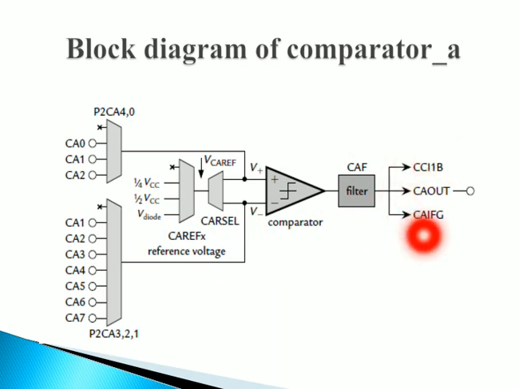It is also connected internally in order to capture the input at CCI1B of Timer A, and the flag CAIFG is raised on either the falling or rising edge of the comparator output, which is selected with the CAIES bit.